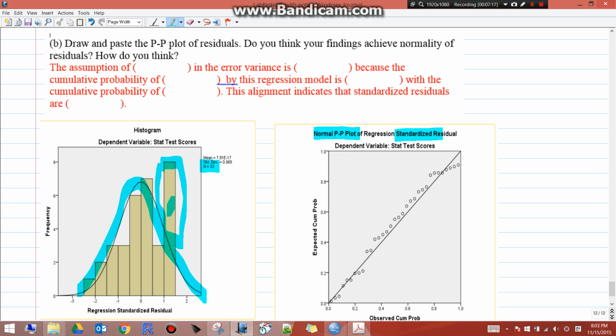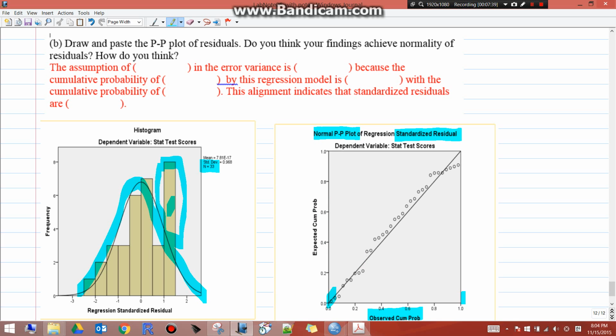Regression standardized residual. This is plotted based on the standardized residual. So observe the cumulative probability. This is the observed cumulative probability line. And then the expected cumulative probability by the regression model.